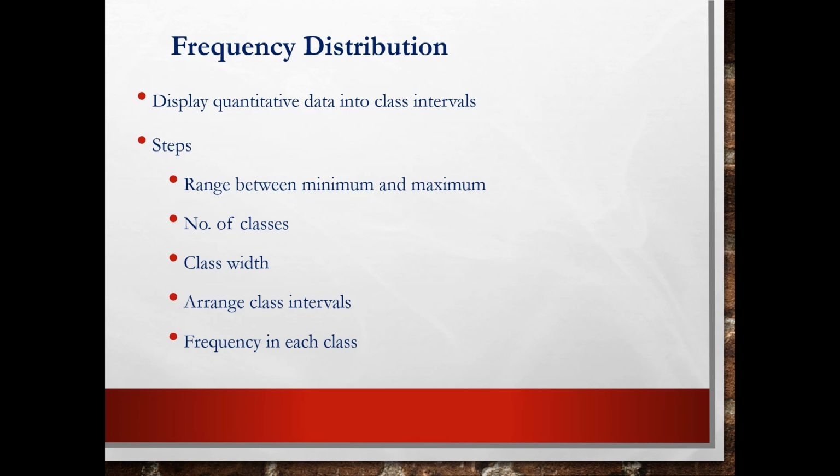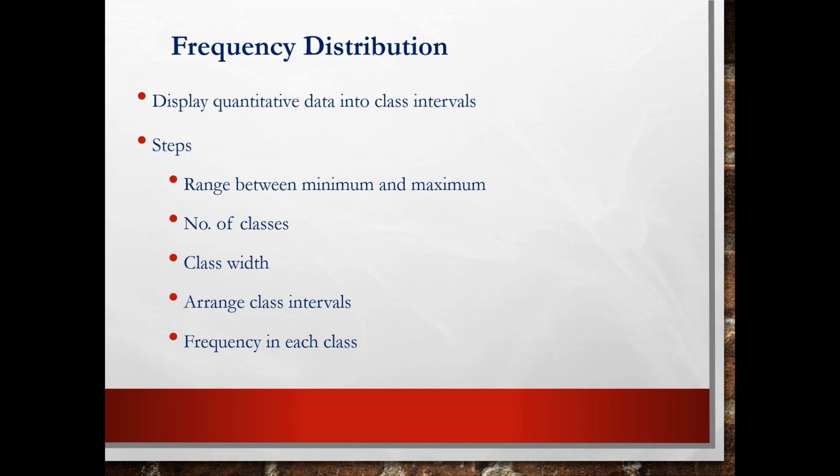Then commonly for any quantitative variable, not necessarily time related data, you can make a display of the counts falling into different classes of the quantitative variable. We call it a frequency distribution.